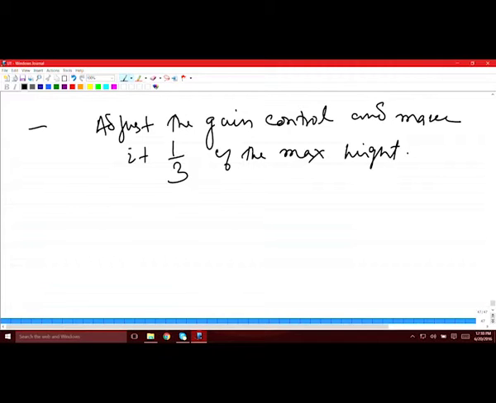So, in case of distance calibration, we saw the adjustment was done up to 1/4 of the maximum height, and in this case we do it up to 1/3 of the maximum height.